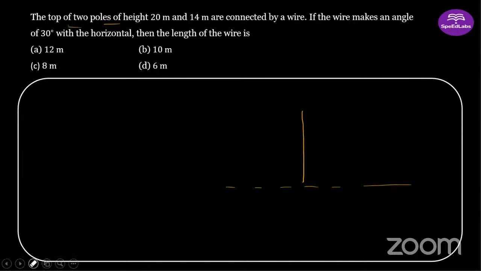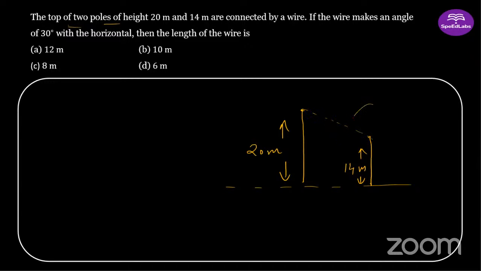So definitely one would be larger and the other would be smaller one. Now what next? One is of 20 meter height and the other is of 14 meter. What next? Now they are connected by a wire. So when they are connected by a wire, definitely there would be some elevations.